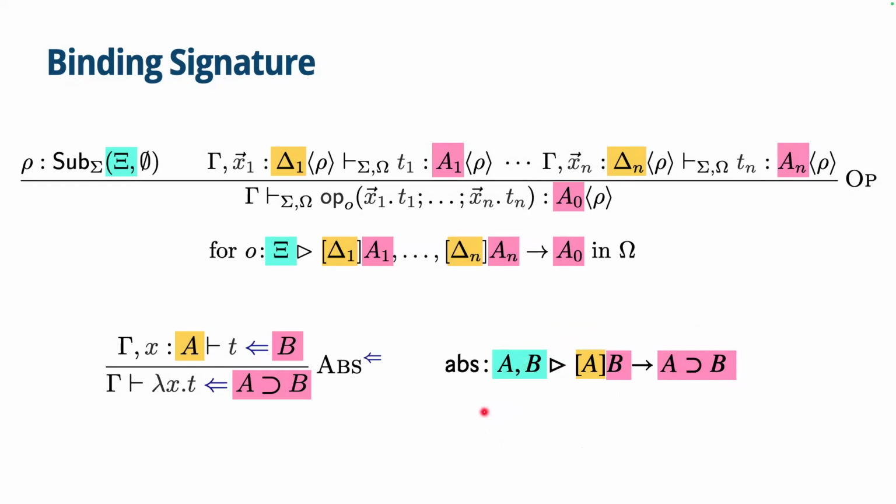To describe the abstraction construct, we only need to know how many meta variables we need, the type of argument and its context extension, and then finally the return type. So that's the basic idea of Bayesian signature. And you can describe other constructs in the simply typed lambda calculus with these kinds of signatures for each operation.